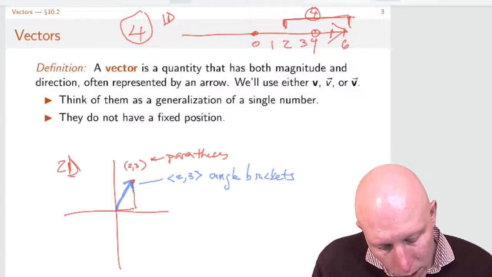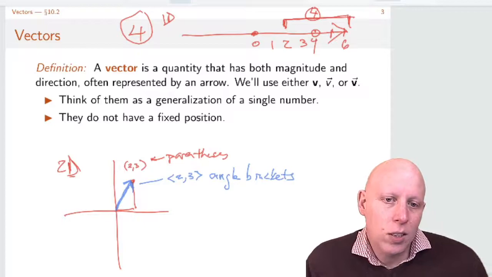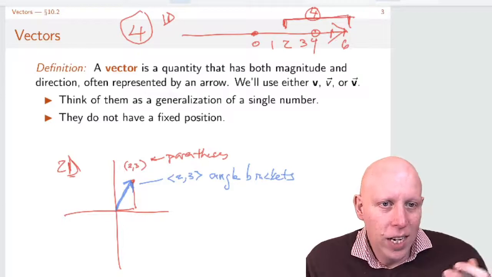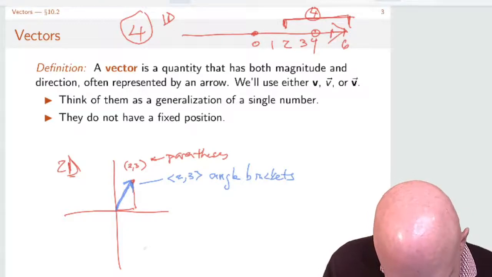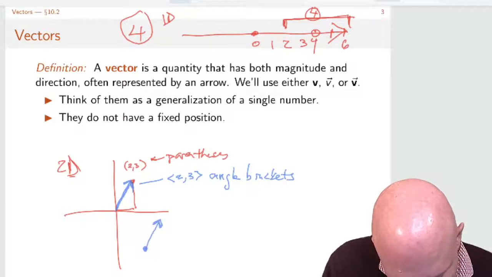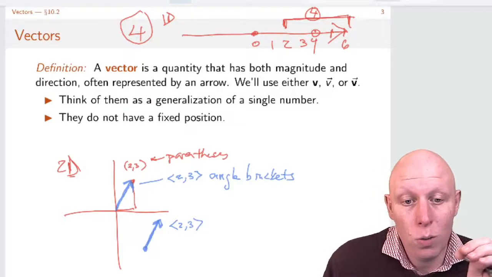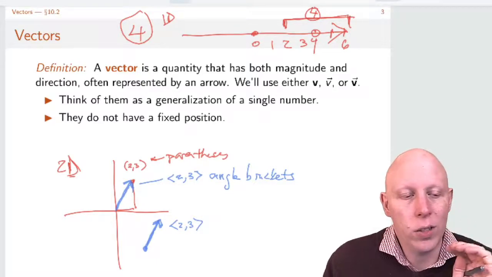And what we mean by this is that this arrow has a direction and a magnitude, but we shouldn't think of it as having a fixed position, because, for example, we could start the vector down here. If we start it down here, this is the same vector. This is the vector 2, 3, because it goes from a point, and it goes 2 units in the x direction and 3 units in the y direction.